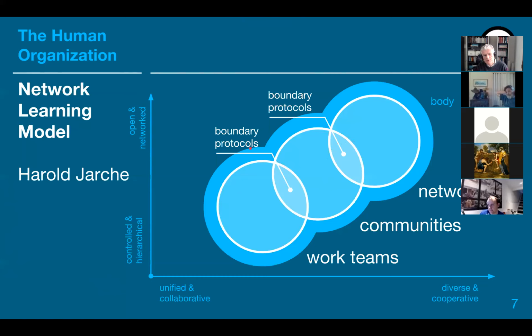So one boundary protocol for us is, for example, getting people from a public community into a work team space. So the onboarding process for new team members working in circles is one of these boundary protocols that would sit at the intersection of these two types of work environments. Right. Okay. So that's hierarchy.